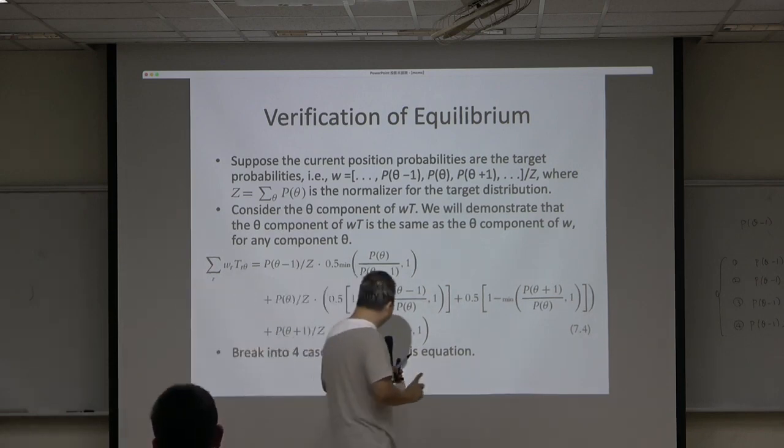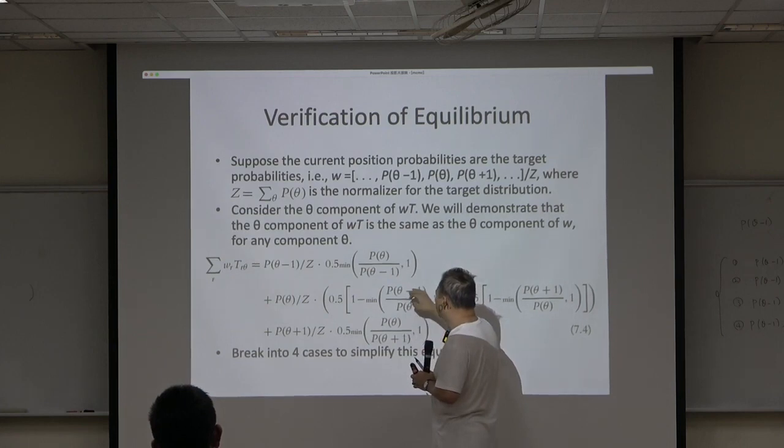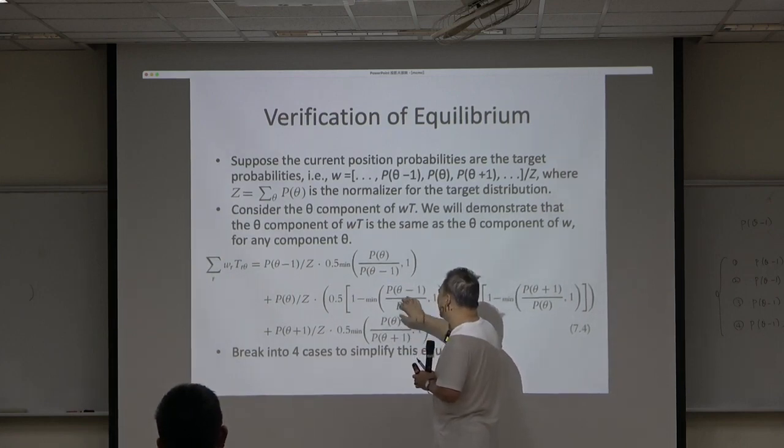So the first term, well, we know p of theta is larger than p of theta minus 1, right?